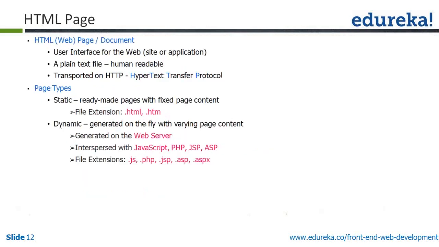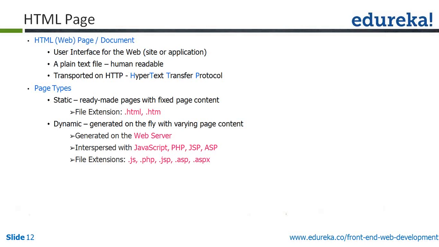Generally, a web page or web document, or you can call it an HTML page, HTML document, is basically a user interface for the web. For all the users on the internet, if they need to see web content, then this HTML web page is what is being displayed to the end users.